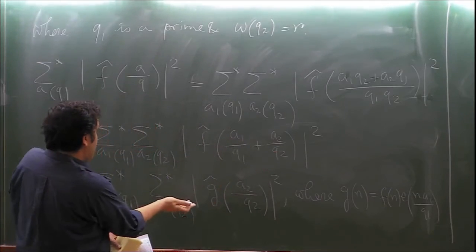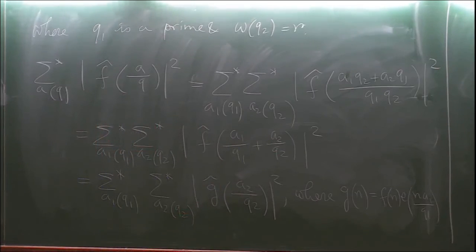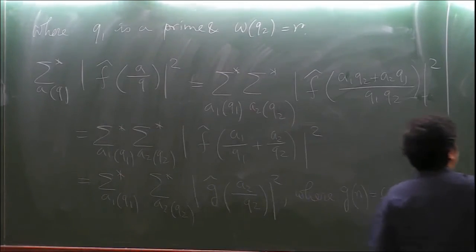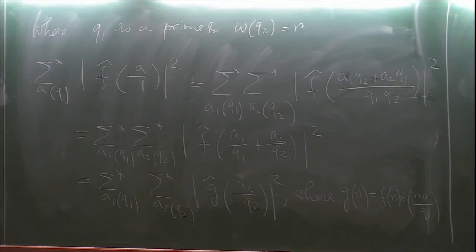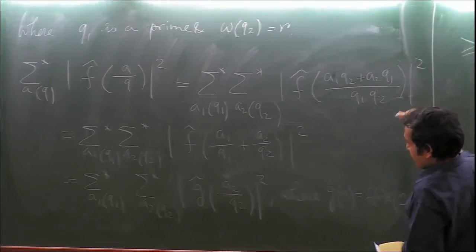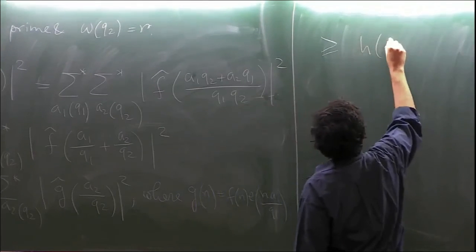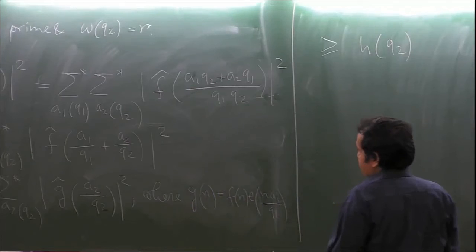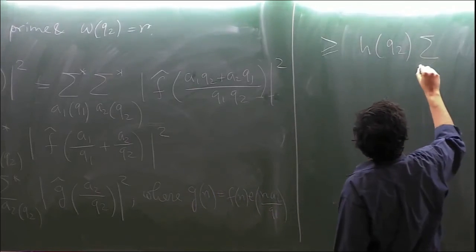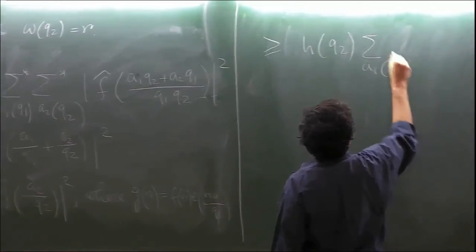So apply our induction hypothesis that for Q2, omega of Q2 is R, so I can apply this result. So therefore, this sum is greater than or equal to HQ2 times, so this thing I have not done anything, so sum over A1.